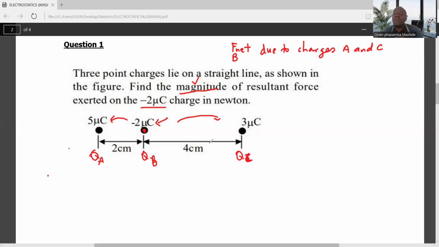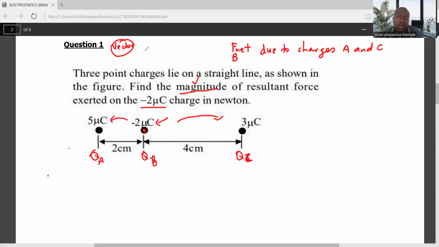Now remember, guys, I said a force is actually a vector. And if it's a vector, we can represent it as a vector diagram or as a free body diagram.